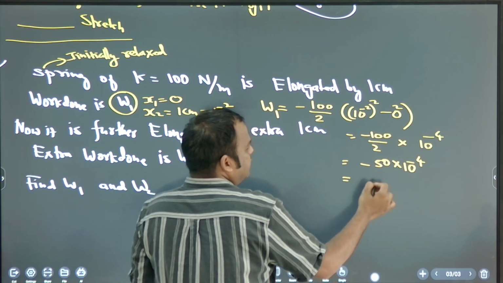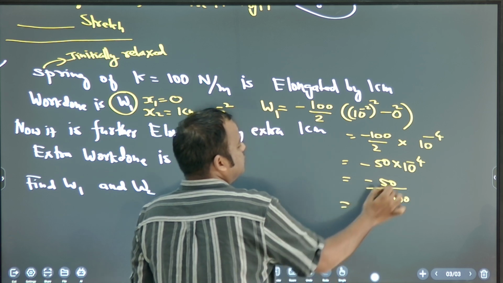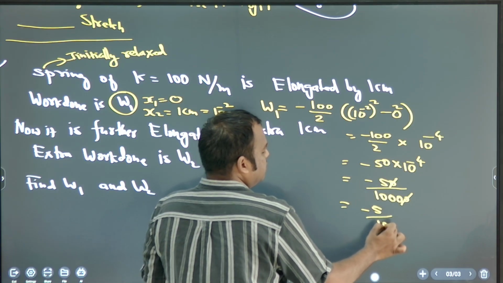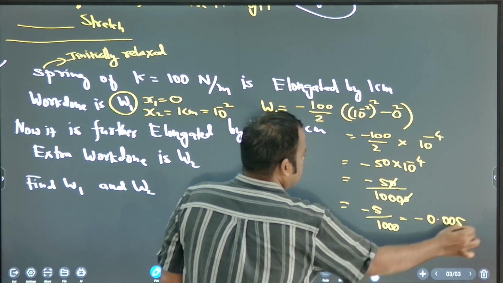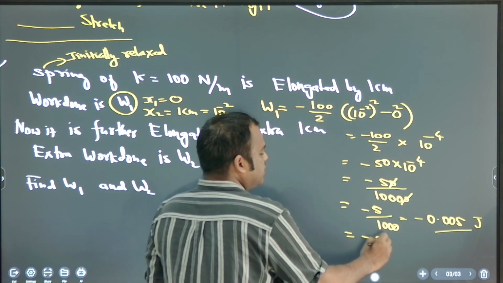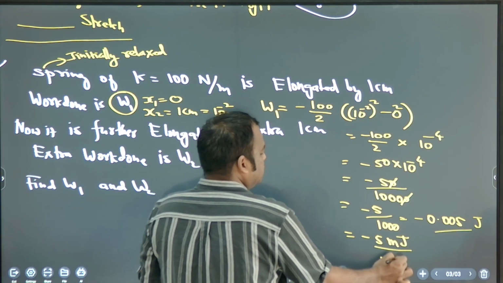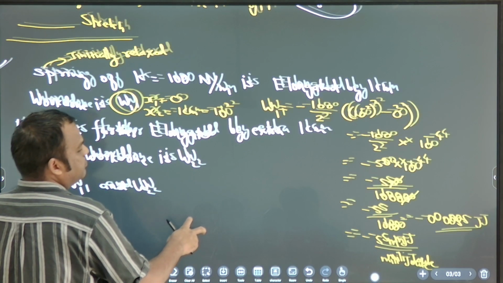Then you can write minus 50 divided by 10,000. So one 0 cancels, so this is 5 by 1000 negative. So minus 0.005 joule. You can also write minus 5 millijoule. Okay, clear?